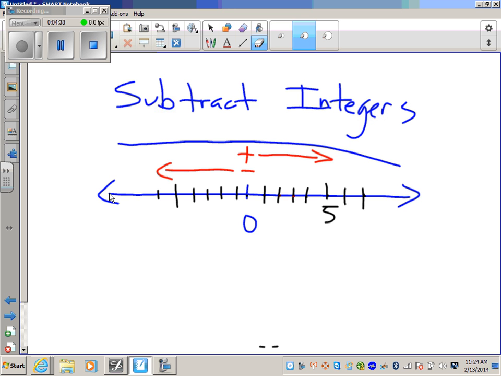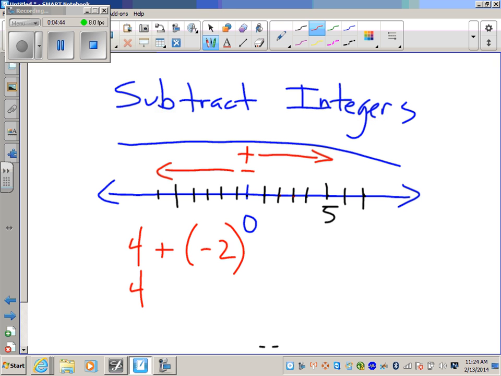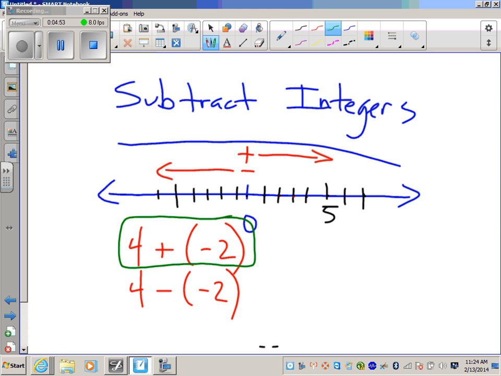Plus, if you had these two problems, what do we have? 4. This is what we did for today. And we said it was just like subtracting. We would move that way.